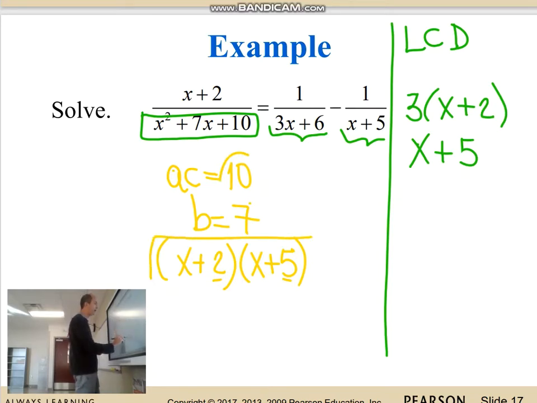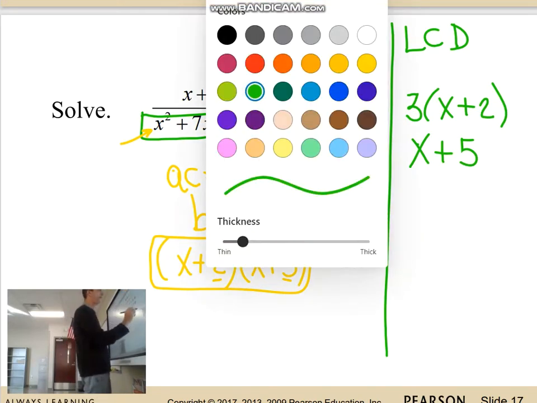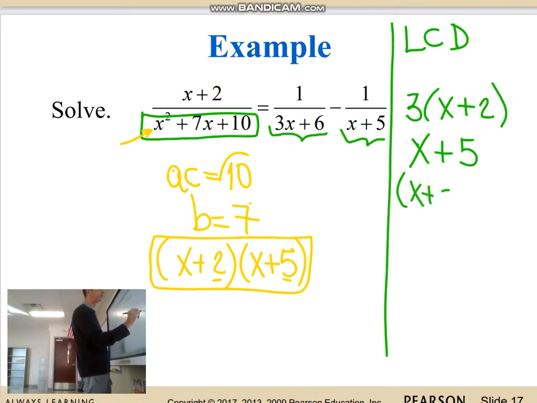So we can factor this polynomial as x plus 2 times x plus 5. So let's write down here x plus 2 and x plus 5.